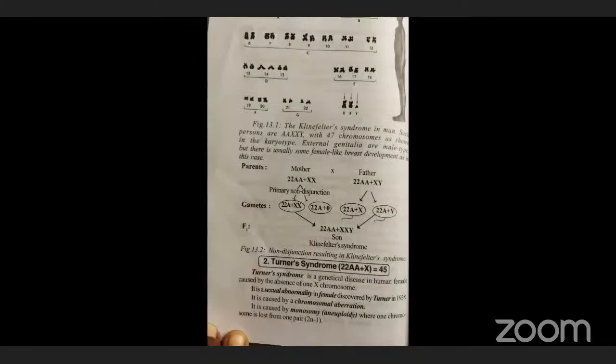Klinefelter syndrome is caused by the non-disjunction of X chromosomes. What is the meaning of non-disjunction? Non-disjunction means the failure of separation of homologous chromosomes during cell division.